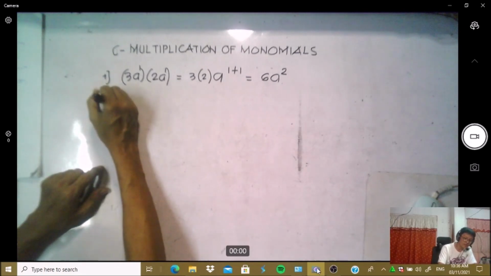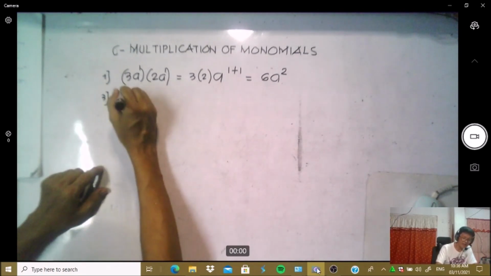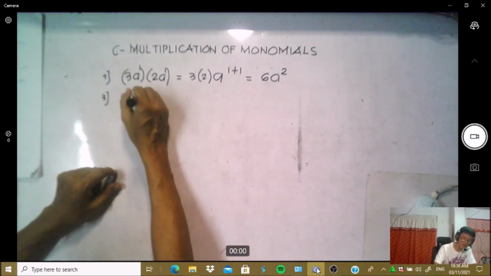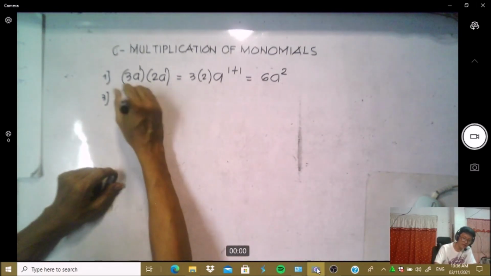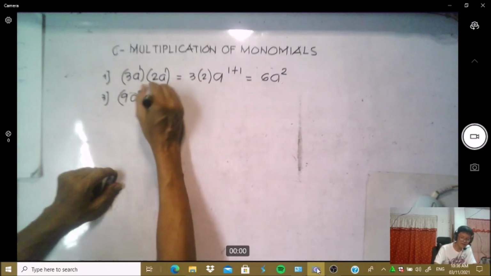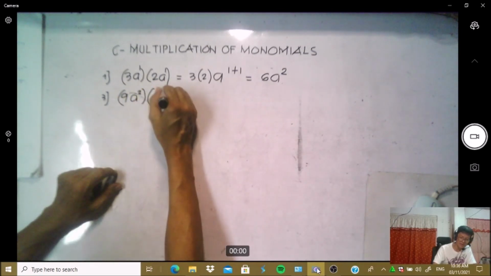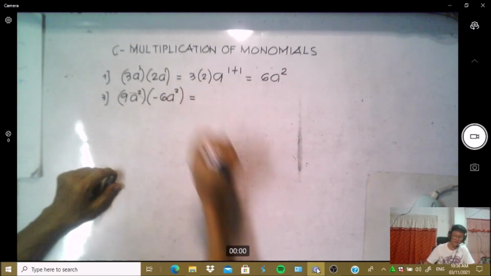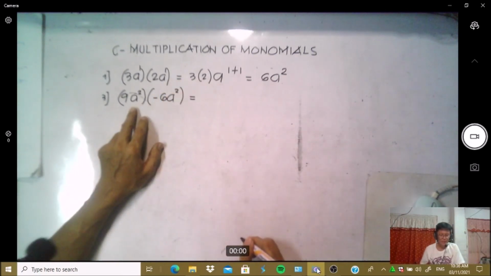So let's proceed to number 3. We have 9a squared and negative 6a squared. Okay? So first, we have to multiply the coefficient.